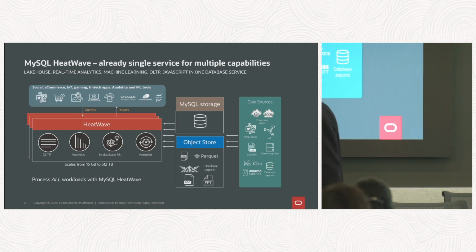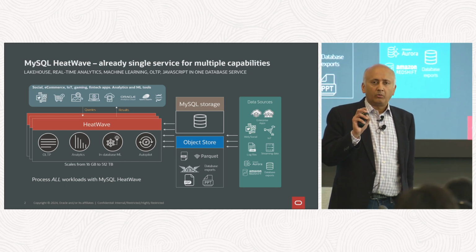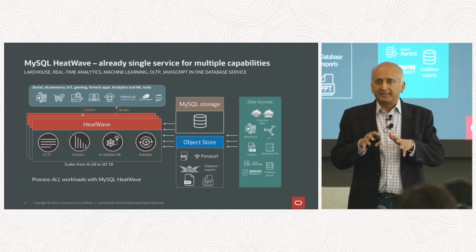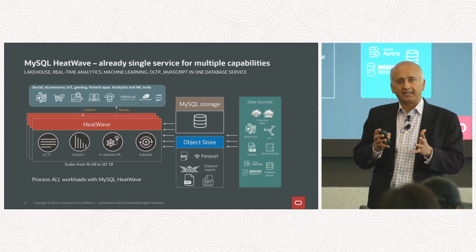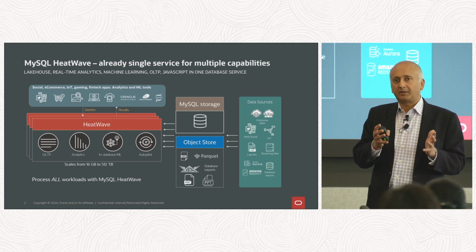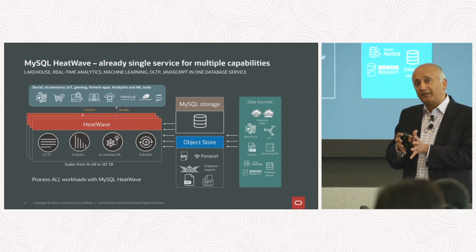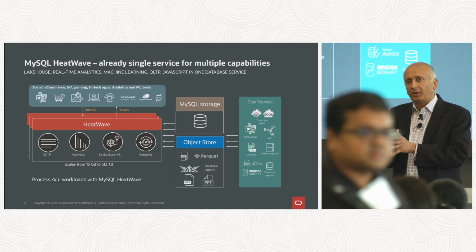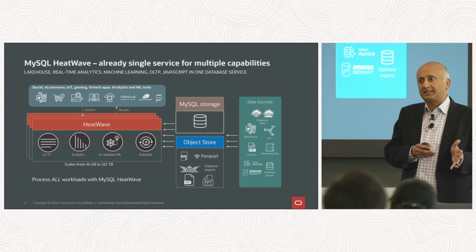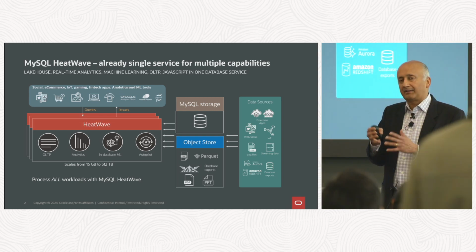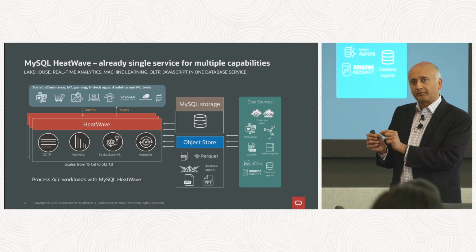There are two other things I want to point out about this diagram. One is that when customers have their data stored in a MySQL database, they adhere to the MySQL syntax and semantics, and there are millions of applications out there which work with MySQL. But when you have your data in the object store, the question is what syntax or semantics to use. In the past, people would come up with a proprietary language to query data from the object store.